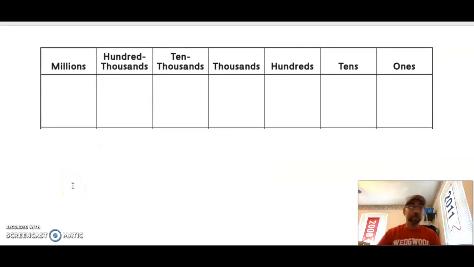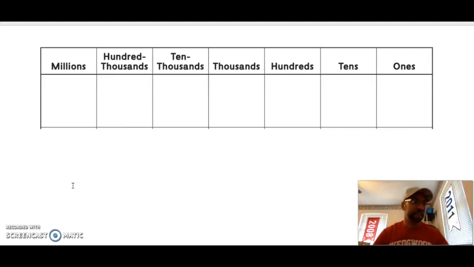All right, awesome job. Now we're going to try to write a number that is a lot bigger than the last one. Your sheet protector will help you. This number is going to take us out into the hundred thousands place. That means the number is going to have 6 digits.